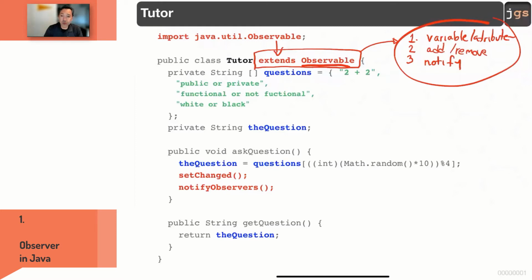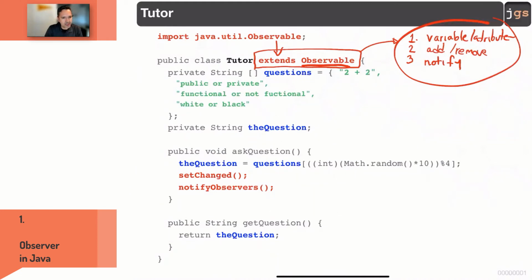Good. You do the extend, and automatically your class is going to have this data structure for remembering the observers, and it's going to have those methods for adding and removing, and it's going to have this method notify that you can call.